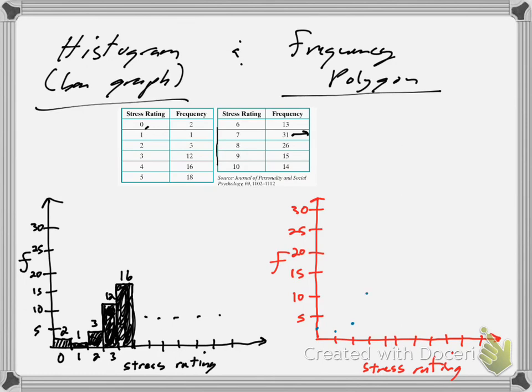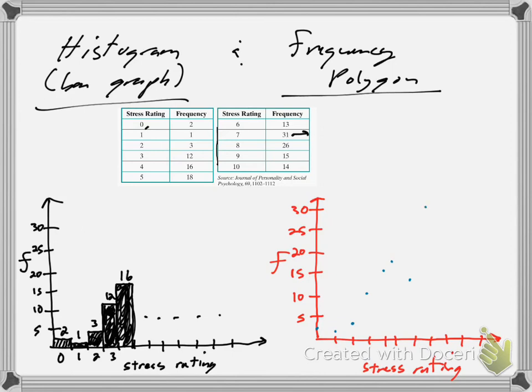At 4, we have a frequency of 16. At 5, we have a frequency of 18. At 6, we have a frequency of 13. At 7, we have a frequency of 31. Oh boy.